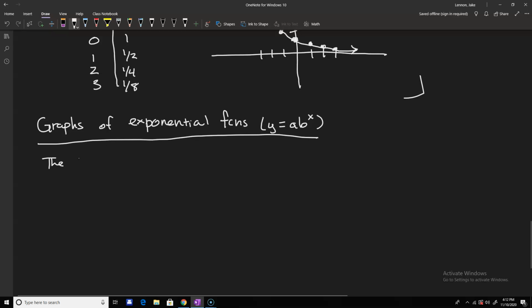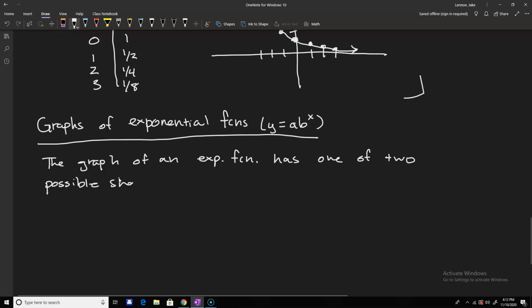So the graph of an exponential function has one of two possible shapes, as determined by looking at the exponential base.